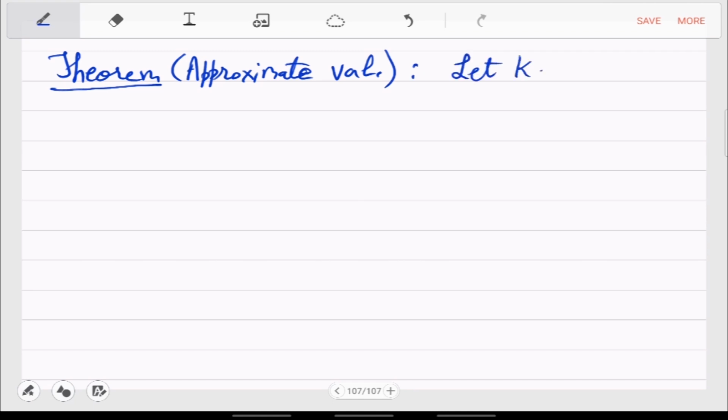So let K be the function field of a curve. And whenever we say curve, we'll mean smooth curve, so I'll not mention it from now on.